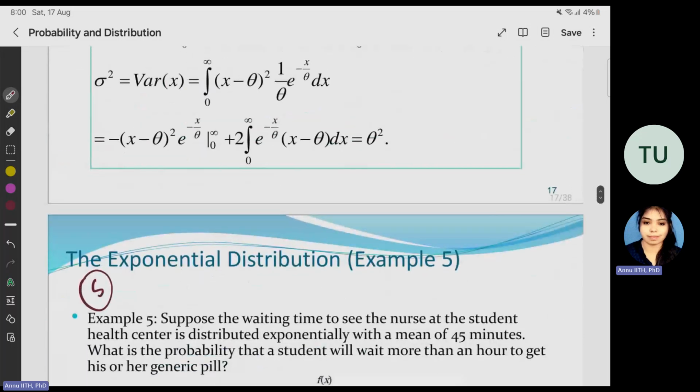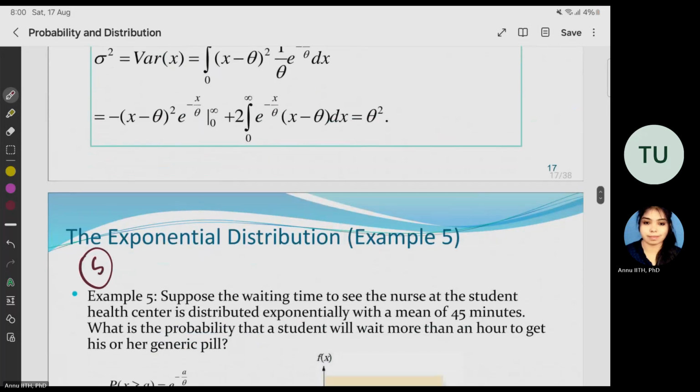Suppose the waiting time to see the nurse at the student health center is distributed exponentially, with a mean of 45 minutes.